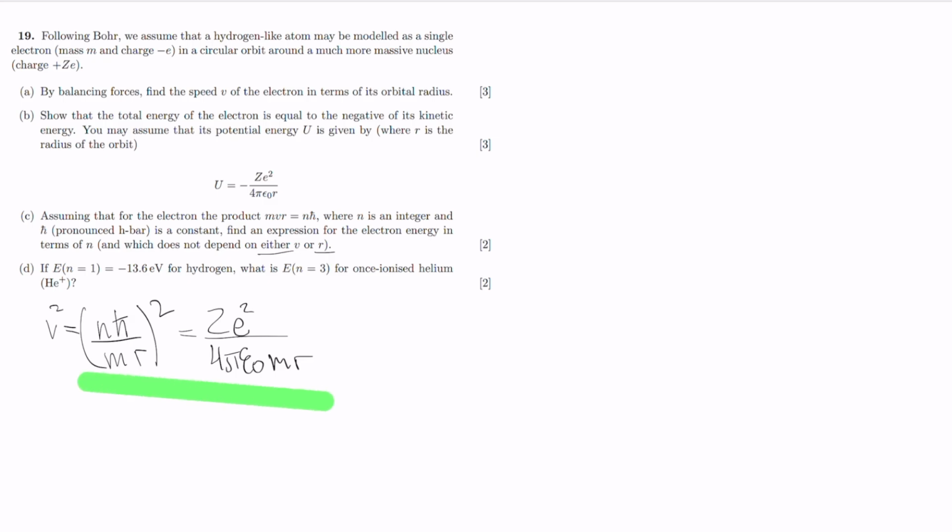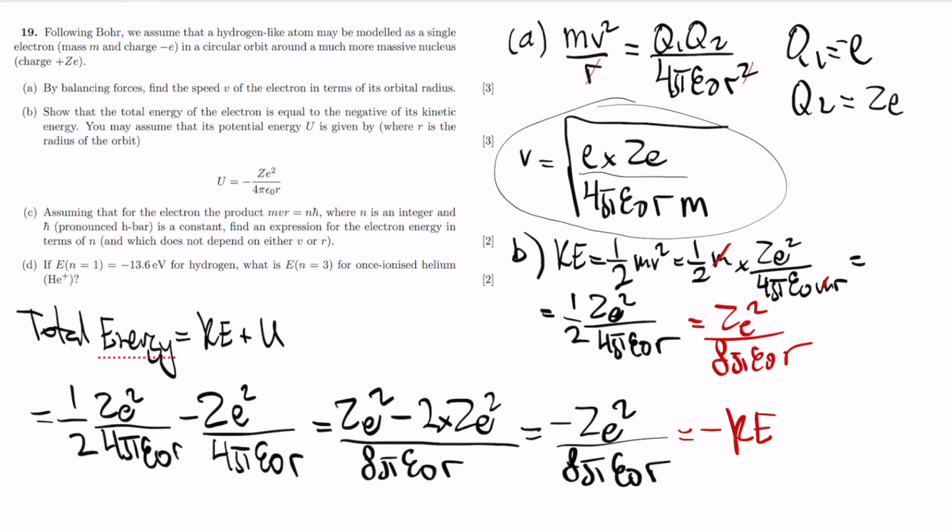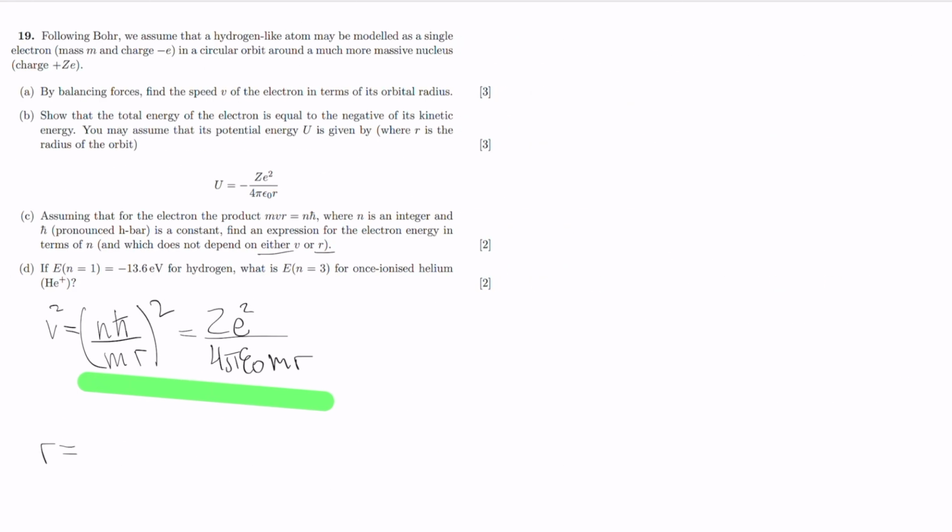After I've rearranged this for r, I'm going to plug this into the expression that we found for the kinetic energy, so minus Ze squared over 8 pi epsilon naught r, and for the total energy, excuse me. And then that will give me an expression which hopefully will not depend on any of the other quantities. So that's my plan of action.